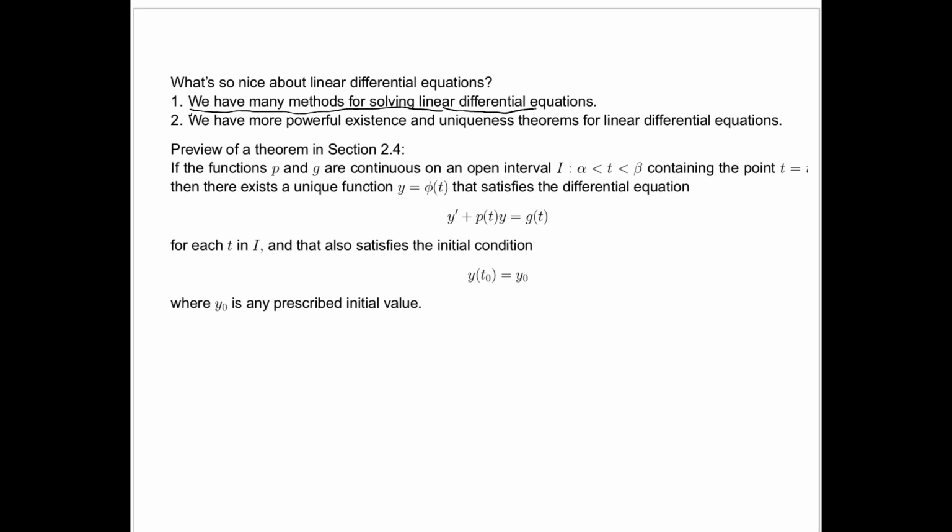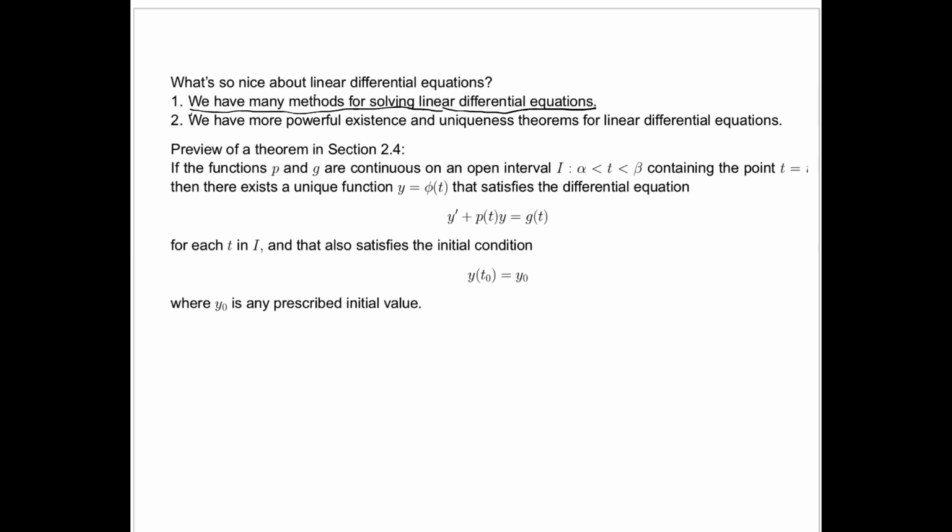Of course, there are plenty of methods for solving nonlinear differential equations as well, but we have much more general methods for solving linear differential equations. One of the things we're going to be talking about in our next lecture video is how to solve first-order linear differential equations, which we can do in great generality.